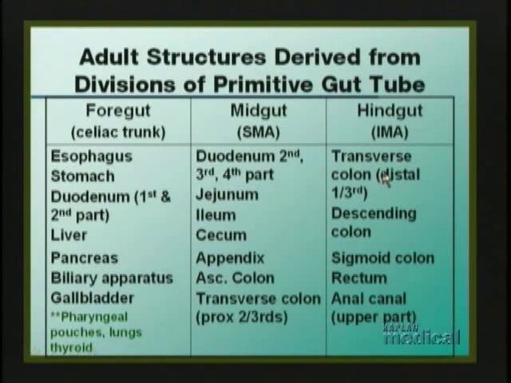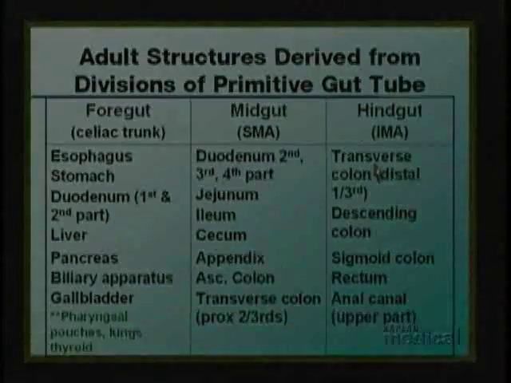So what we're going to do now is look at how the gut tube develops, and we're going to do that by looking at a series of cross sections, and as we do it, we'll relate it to adult structure.